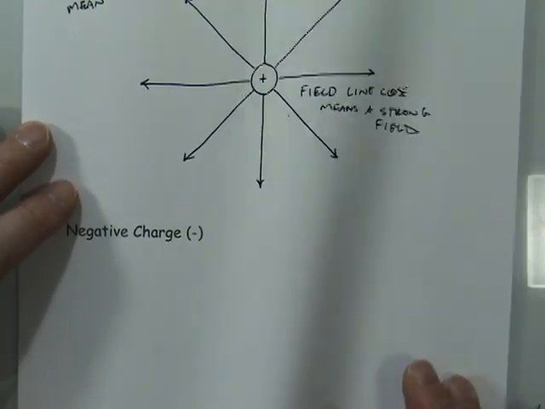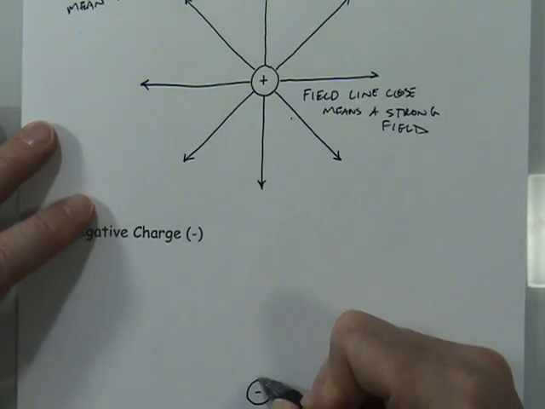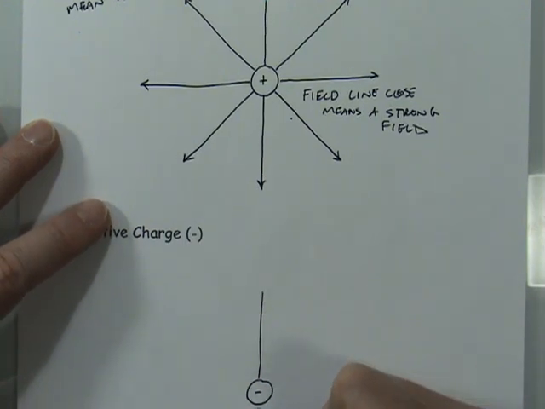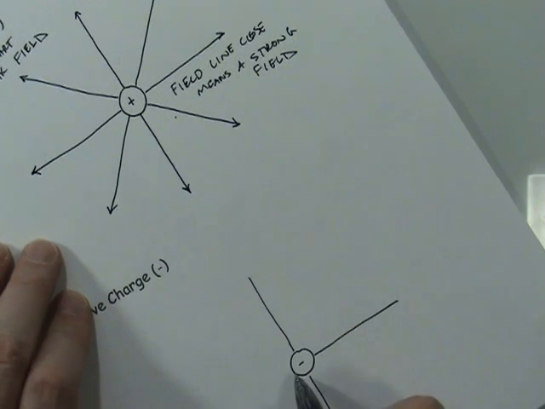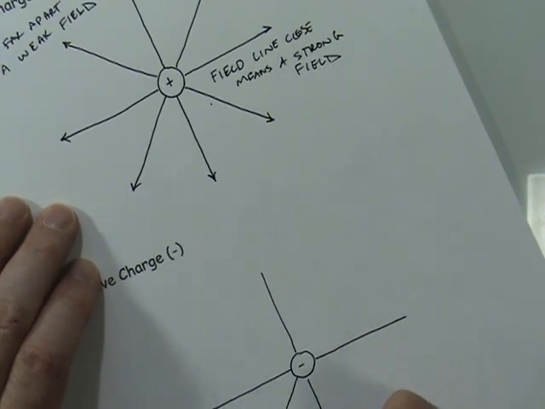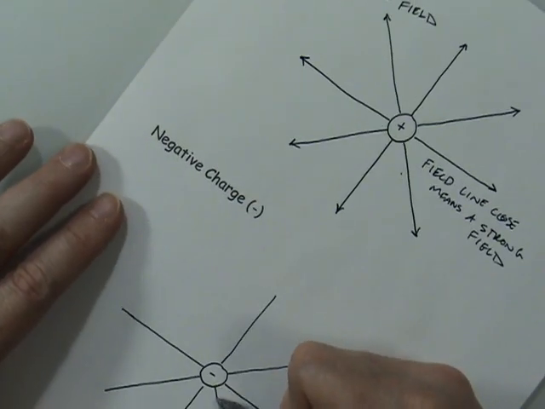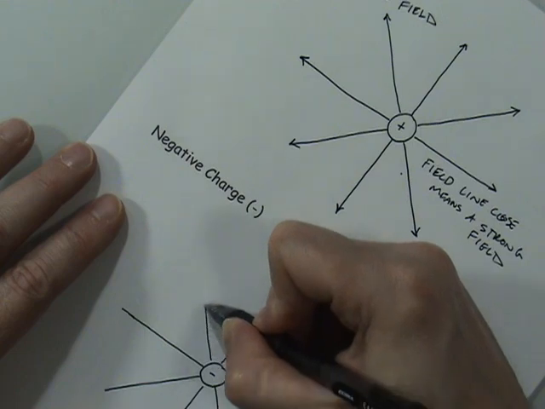If we were to draw the negative charge, well, that would look exactly the same as the positive charge. So this should be a very quick drawing to make. It looks exactly the same. All the lines point radially as though they were the spokes of a bike. The only difference between the positive and the negative picture is that the field lines are ending on the negative rather than starting on it.